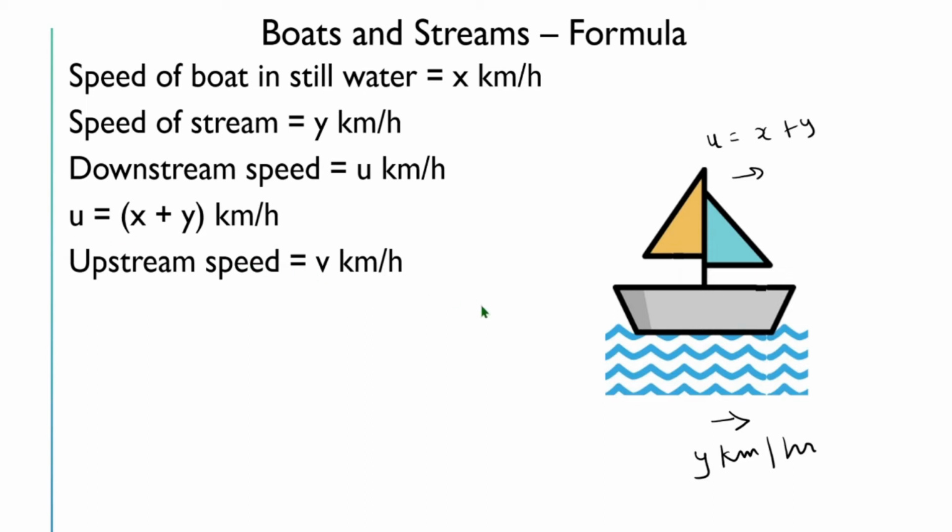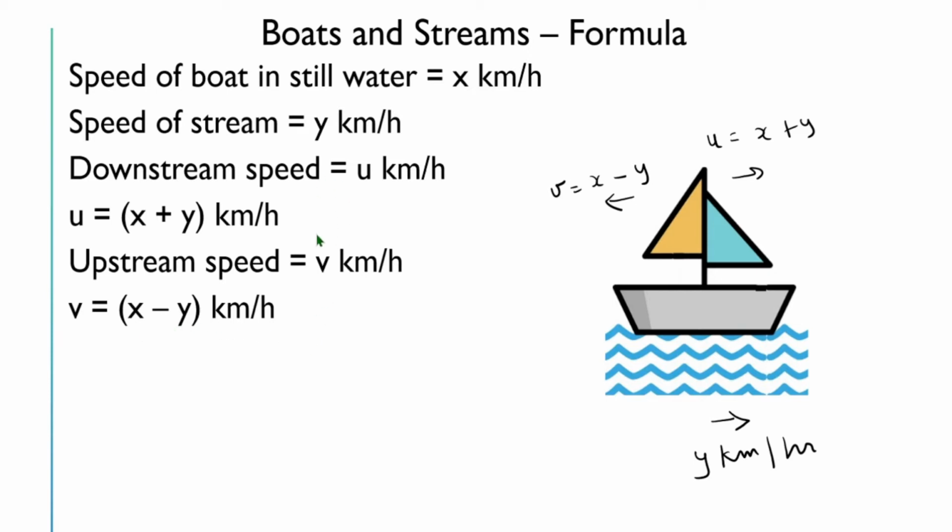Then we have the upstream speed. Now consider the case where the boat is going in the direction opposite to the stream. The water is flowing in this direction and the boat is flowing in the opposite direction. In that case, we call it as upstream speed, and it is given by v is equal to x minus y km/h.